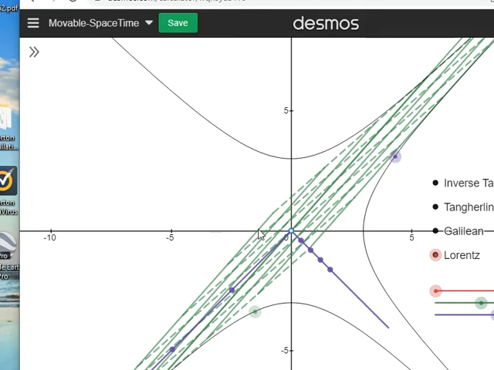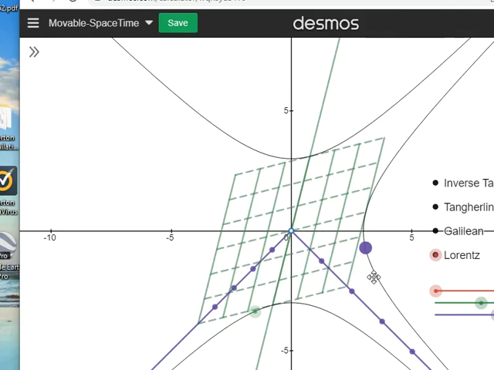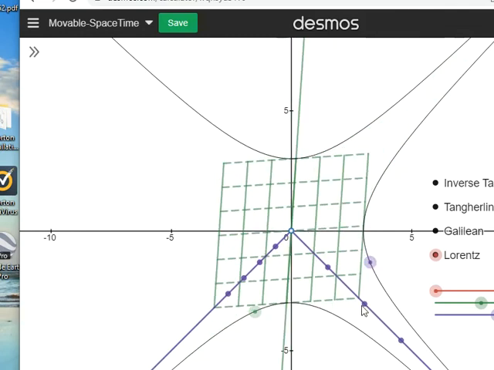Then we look at the distance between here and here. The sun and the star are much closer together in this new reference frame. So that's what it would look like in the movable space-time diagram.